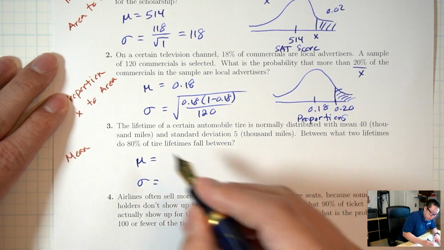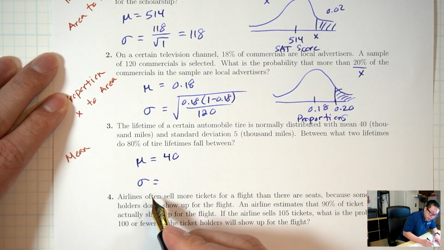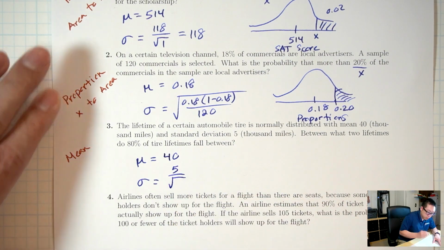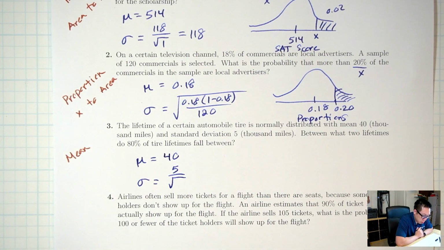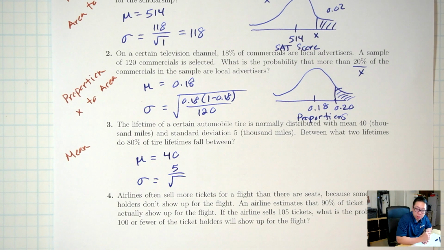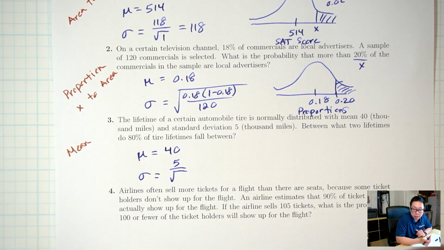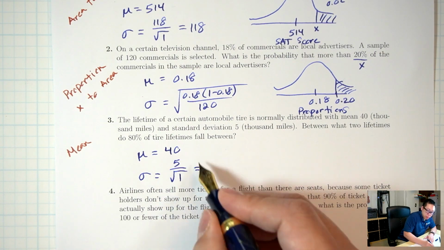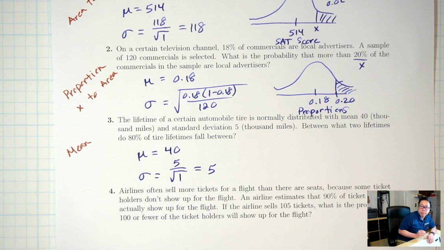Okay, mean here is going to be 40. Standard deviation is going to be the 5 divided by square root of, do I have a sample size here? It's not the 40, it's not the 5, it's not the 80%. Okay, I'm not given a sample size, so we're going to assume this is 1, which means you're just going to use the original standard deviation.